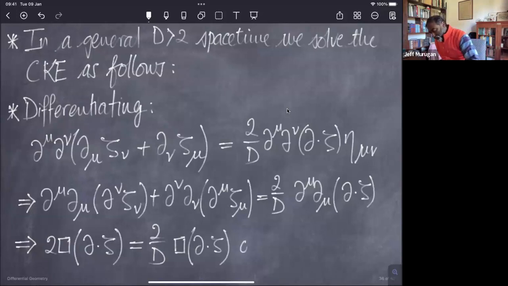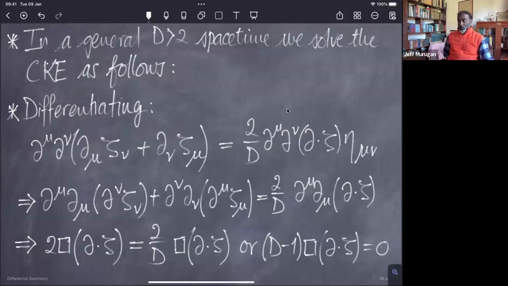Or another way of saying the same thing is that d minus 1 times the D'Alembert acting on d dot zeta is 0. Okay, so this is the equation of interest to us. It's a simplification of the conformal killing vector equation in d dimensions. And this tells us that as long as d is not equal to 1, the D'Alembert of d dot zeta is equal to 0.